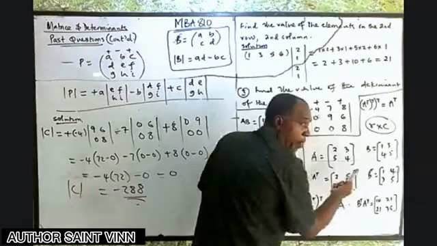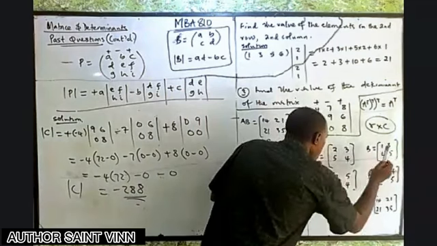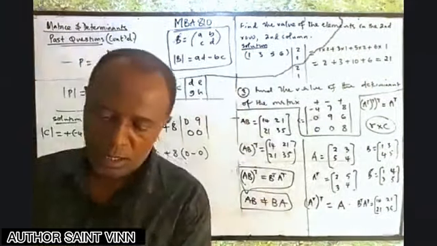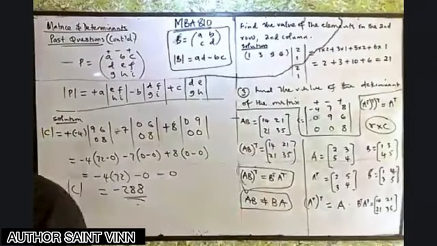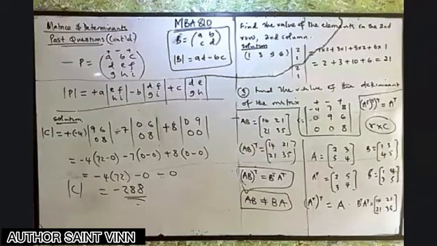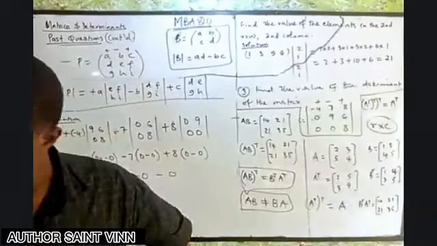A plus B means 2 plus 1, 3 plus 3, 5 plus 4, 4 plus 1. Why is it working like that? Is it because number of columns of A is equal to number of rows of B? Is that the reason?